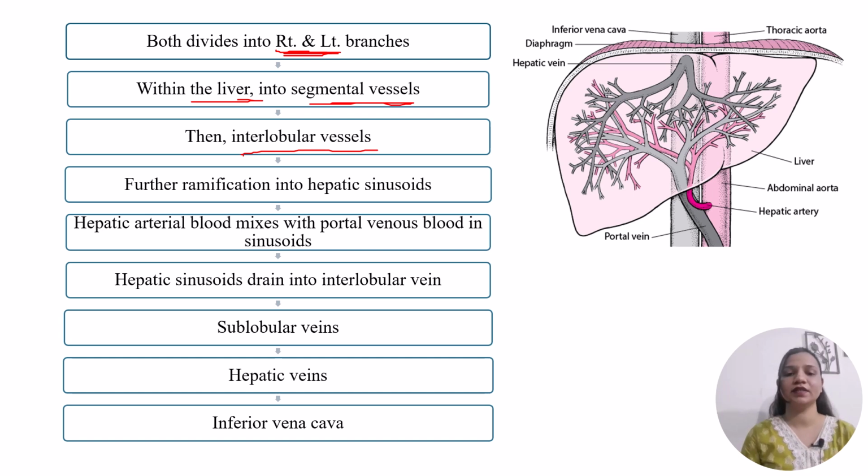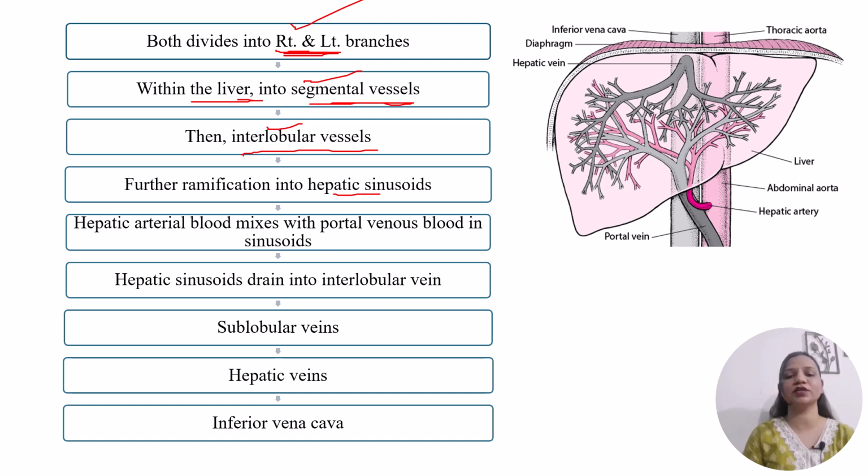So first there is right and left division of both the vessels, then they divide into the segmental vessels, and then there is further division of the vessels when they enter into the lobes of the liver, and there they are called interlobular vessels, and further ramification into the hepatic sinusoids. That means the interlobular vessels again divide into the hepatic sinusoids.